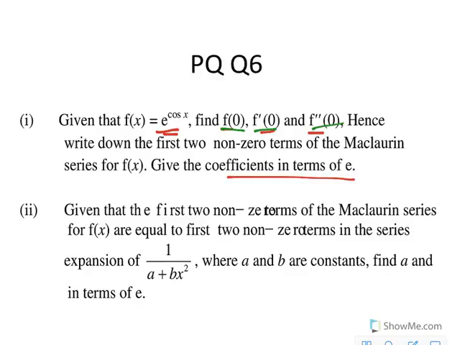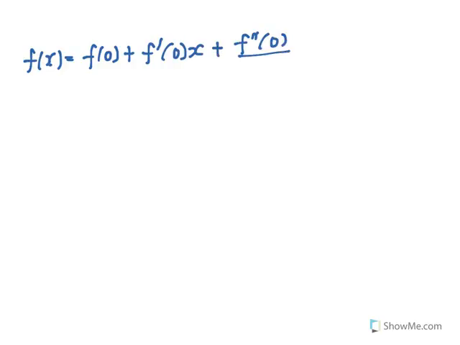Yes, we have. Hence write down the first two non-zero terms of the Maclaurin series. You just need to go back to your MF26. The Maclaurin series f(x) equals f(0) plus f'(0) x to the power 1, plus f''(0) divided by 2 factorial x to the power 2.